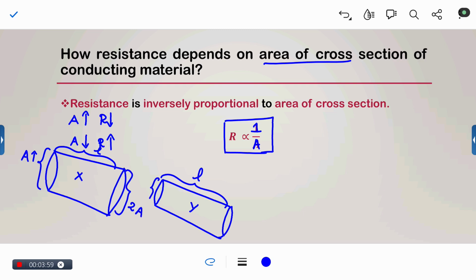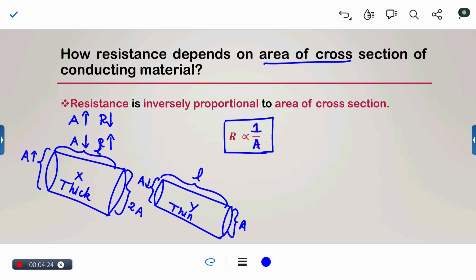And here the area of cross section is low, let's take it as E. Out of these two wires, which wire is thin and which wire is thick? X is going to be thick, whereas Y is going to be thin.